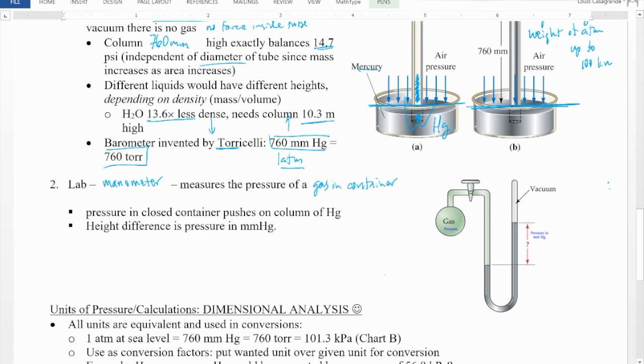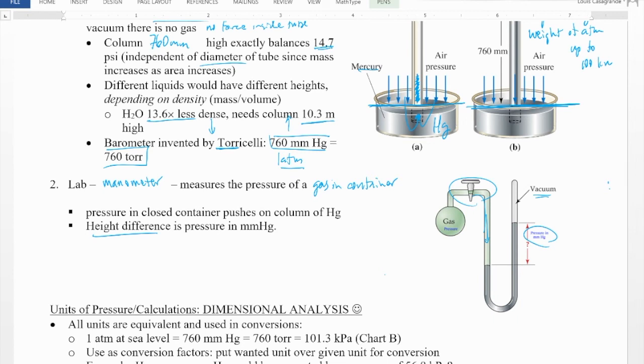So we hook up the manometer to the gas through this valve, and the gas pressure pushes down on the mercury. Since there's a vacuum over here, the height difference of the mercury is the pressure of the gas measured in millimeters of mercury, which you can then convert to any unit you want.